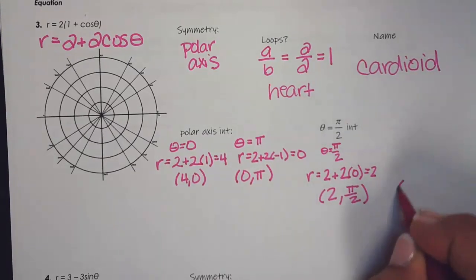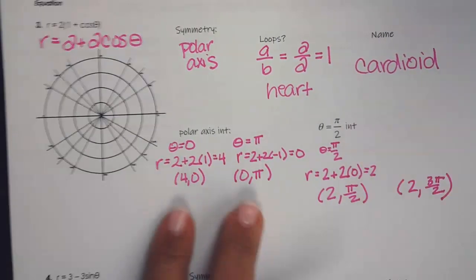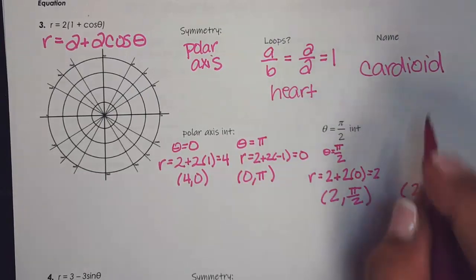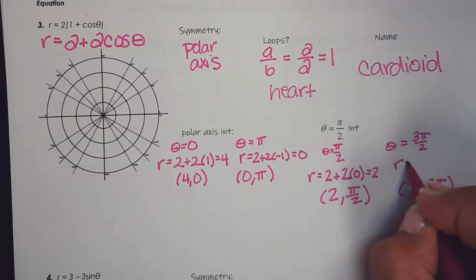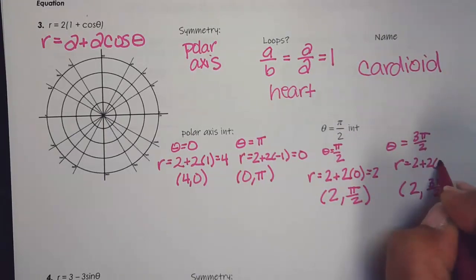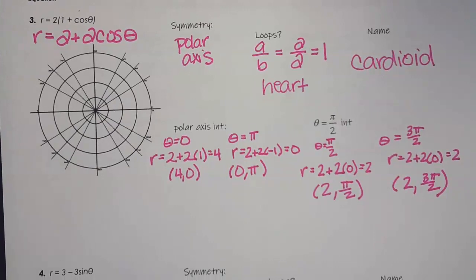This is going to also be 2, 3 pi over 2, since there wasn't symmetry here, that's fine. Or you can substitute in that 3 pi over 2. The cosine of 3 pi over 2 is 0. So again, we get 2 plus 2 times 0, which is just 2.